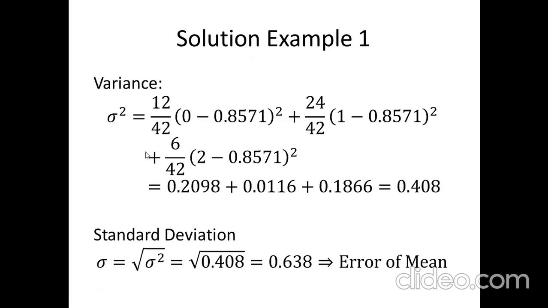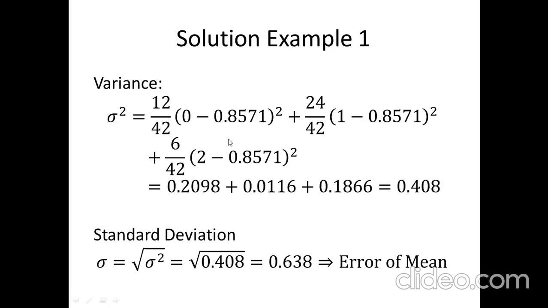12 upon 42 is the relative frequency or probability for the first group, which has a value of 0. And then (0 minus 0.8571) squared is multiplied with it. Likewise, it goes for the other groups, as can be seen in this equation: 24 upon 42 into (1 minus 0.8571) squared, then plus 6 upon 42 into (2 minus 0.8571) squared.